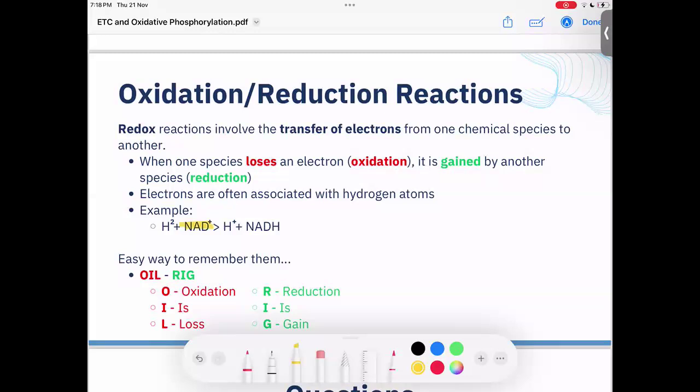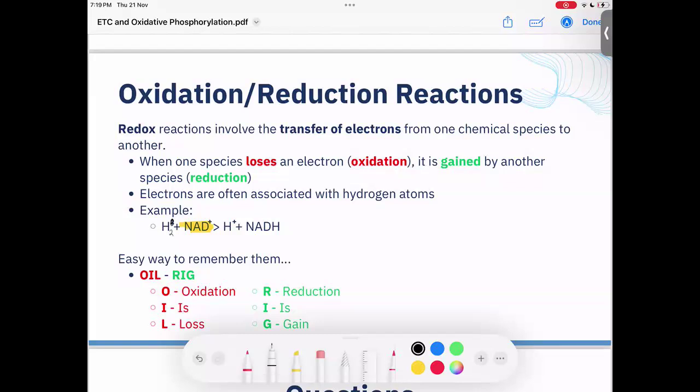So now, before I had two hydrogens and an NAD with a positive charge. Now I've neutralized everything. The NAD has gained an electron, which I call what? Reduction, because it gained an electron. And then the hydrogen lost the electron, and that I know as the proton, the hydrogen atom, okay?